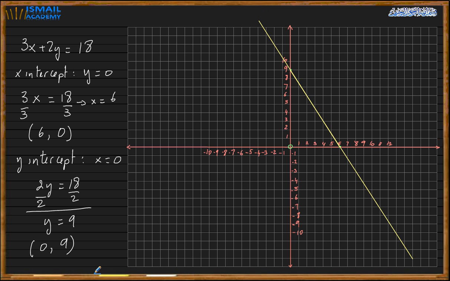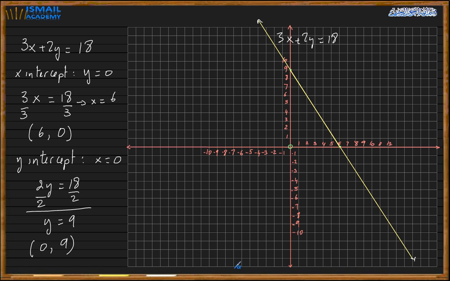There we go. And name the line now. So this is the line 3x plus 2y equals 18. And this is how we graph a line using intercepts.